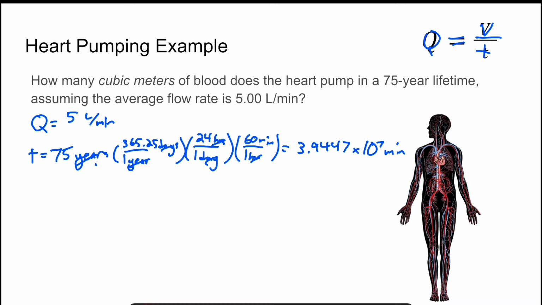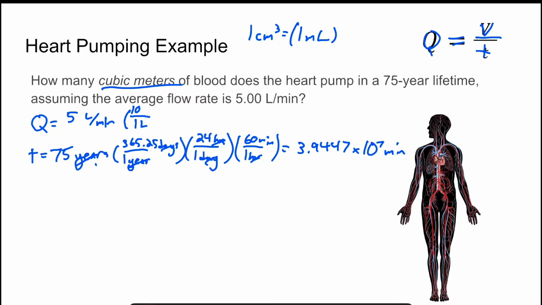So now that's compatible with the minutes in our flow rate, but we're also trying to figure out cubic meters here, right? So for every 1 liter, we want to figure out how many meters cubed there are. Well, let's use something that we do know, which is that for every 1 centimeter cubed, we have 1 milliliter. So let's go to milliliters first, and then centimeters cubed, and then we can get to meters cubed.